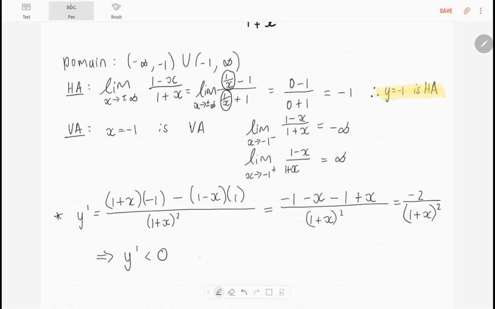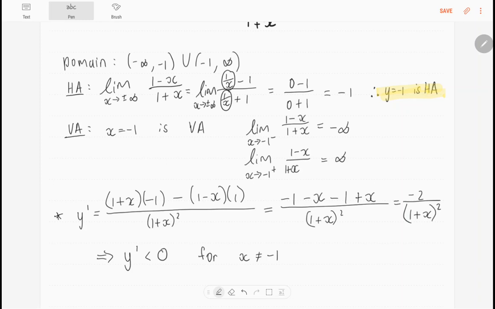It's a negative number for x not equal to what value? We can't have it be equal to minus 1, because then we have 0 in our denominator. For all other values, the first derivative is less than 0.